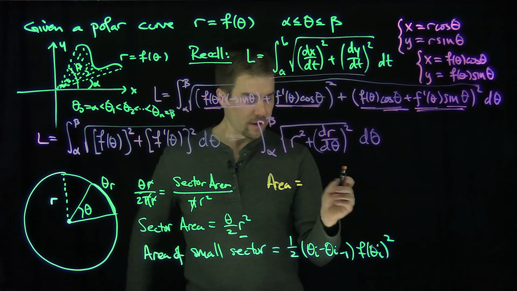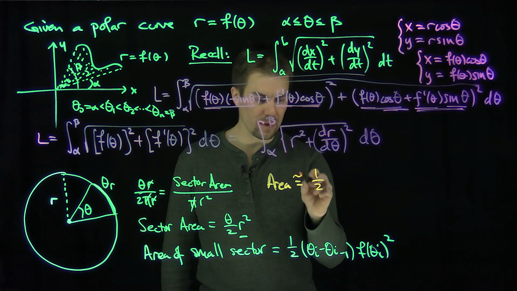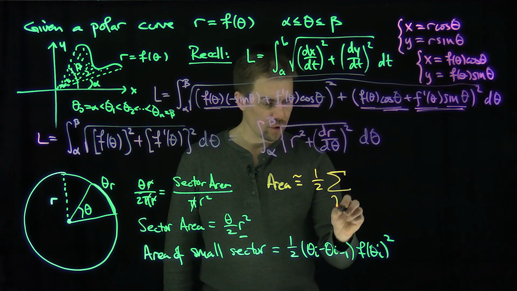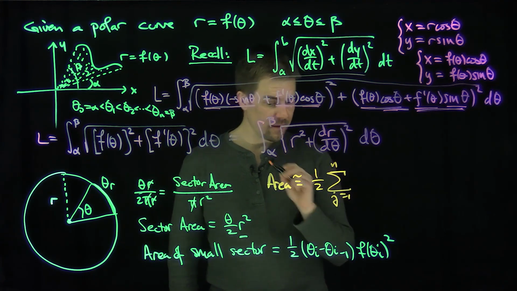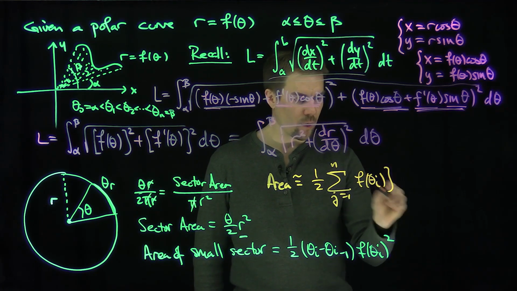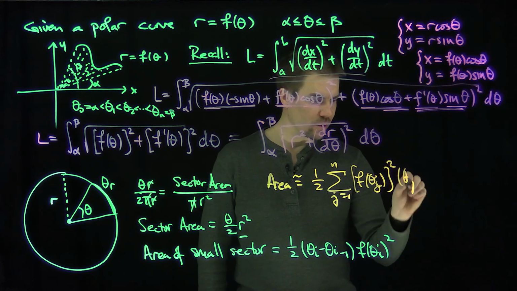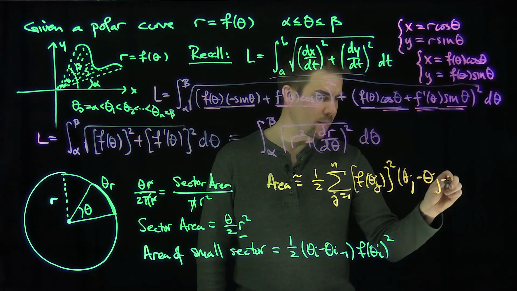I'm going to have a Riemann sum that looks like this. It's approximately 1/2 the sum j goes from 1 to n of f of theta j quantity squared times, that's a j, not an i, of course, theta j minus theta j minus 1.